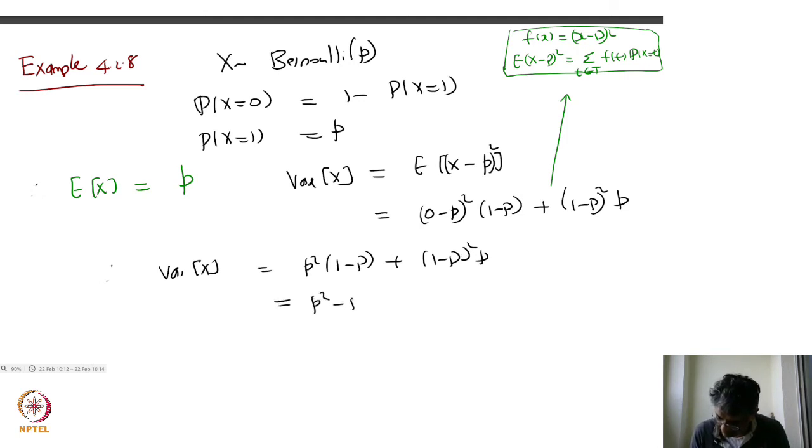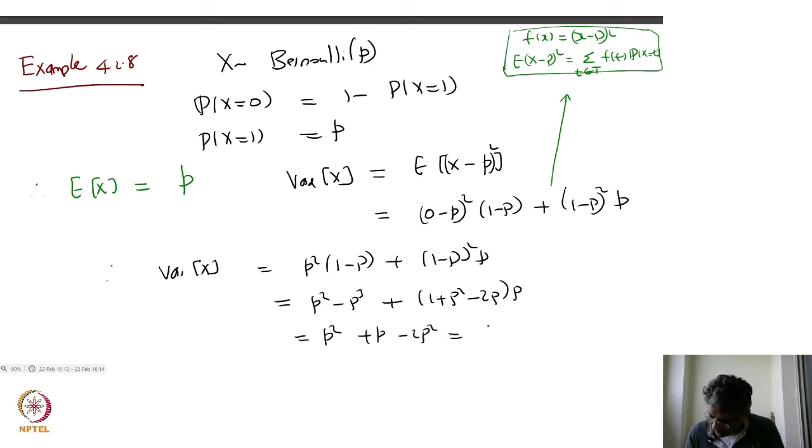It's p squared minus p cubed, plus (1 plus p squared minus 2p) times p, and the p cubes cancel off, and I'm left with p squared plus p minus 2p squared, and that's just p times (1 minus p). So the variance of X is p times (1 minus p).